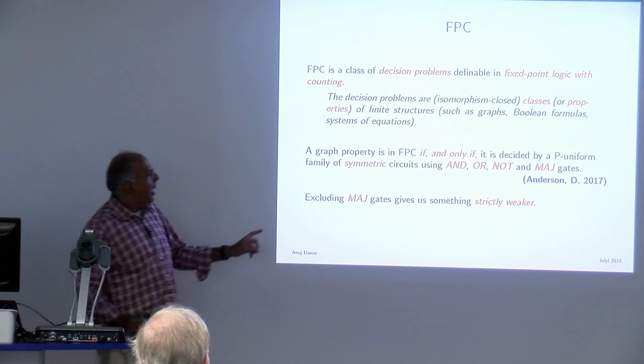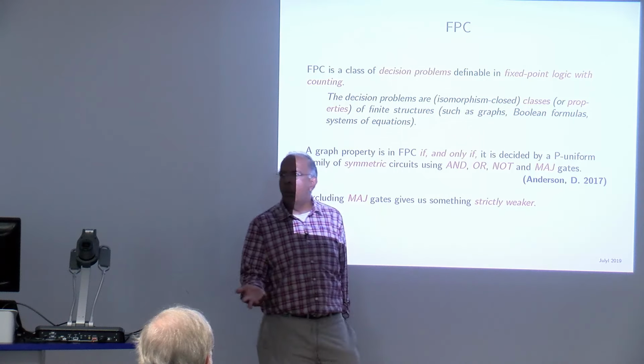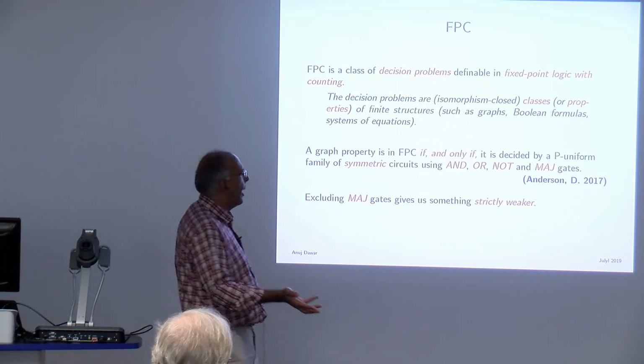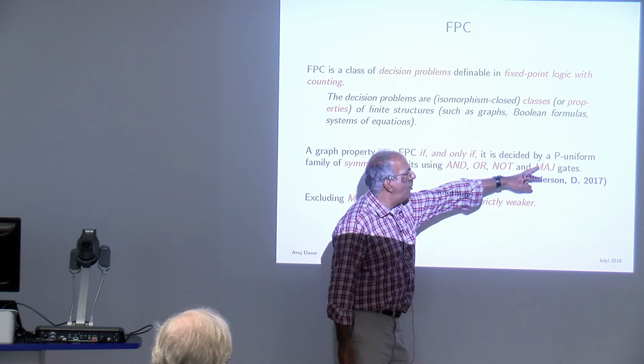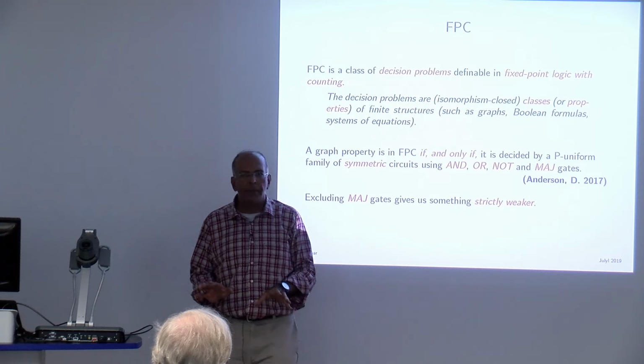Okay? Having majority gates is important, right? While with ordinary Boolean circuits, any Boolean function can be done with AND, OR, NOT, if you leave out majority and you restrict yourself to symmetric circuits, you get something strictly weaker.